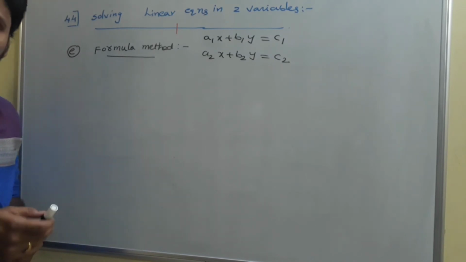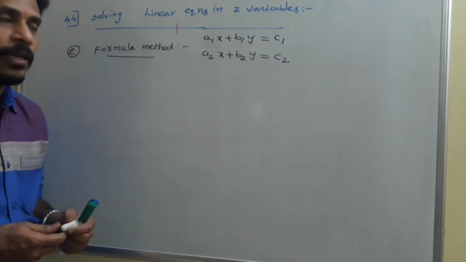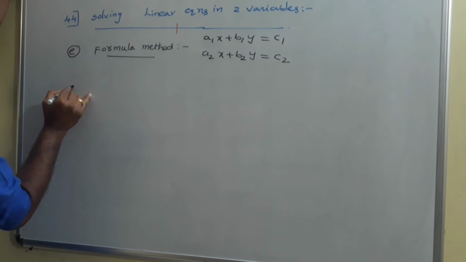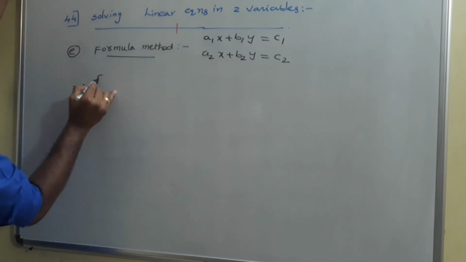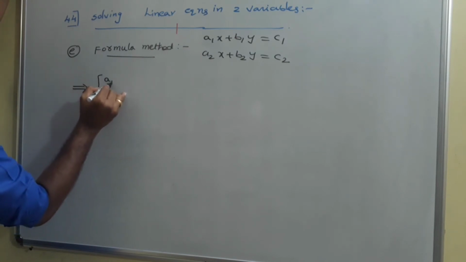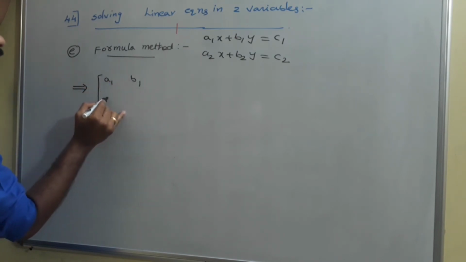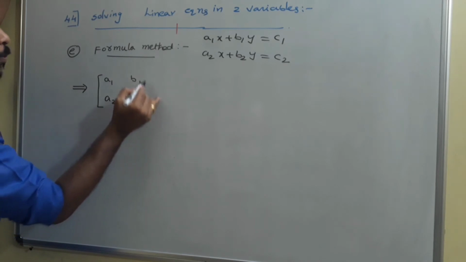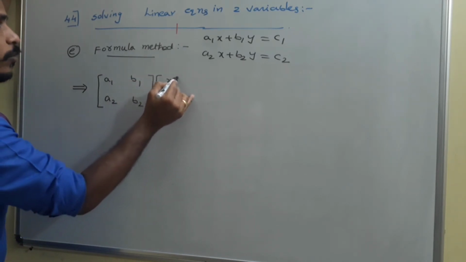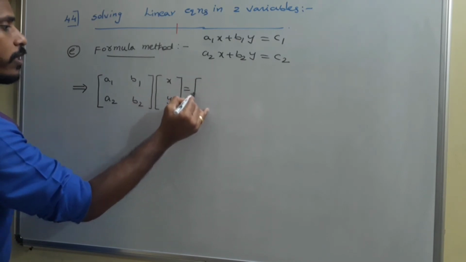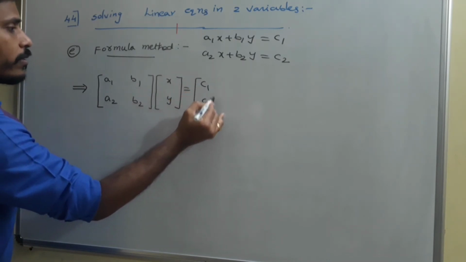So to solve this using the inversion method, I need to express them into matrix form. These are the equations in algebraic form, and while expressing in matrix form, I need to first consider the coefficients like a1, b1, a2, b2 multiplied with the variable matrix xy is equals to the constant matrix c1, c2.